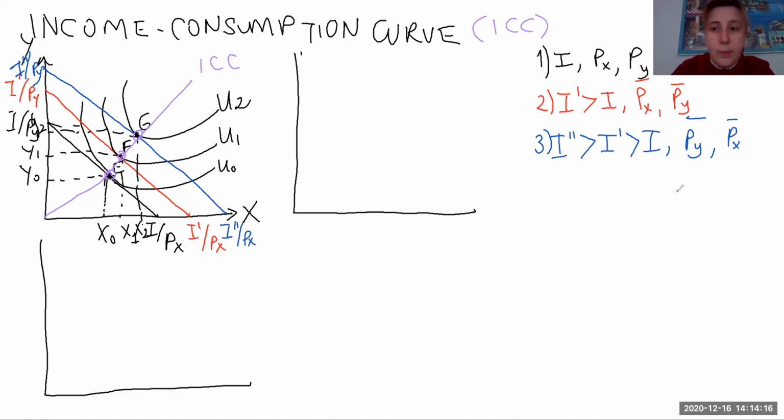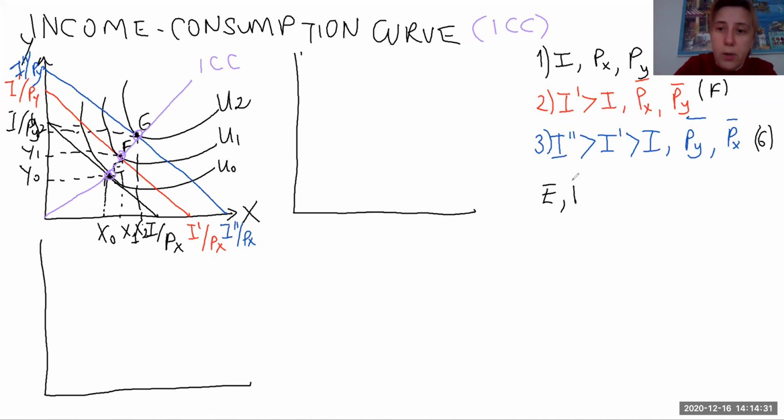So the choice of the consumer is determined, please remember, where marginal at point E, this one F, and this one G are the choice.